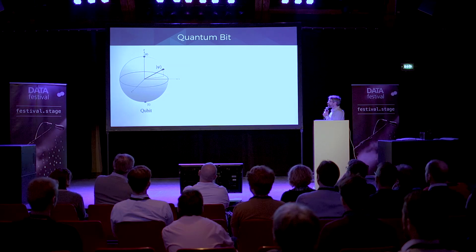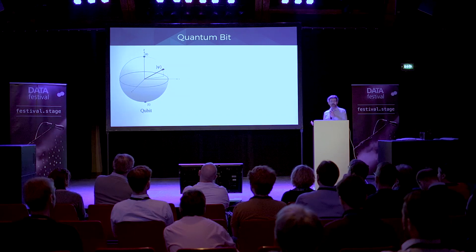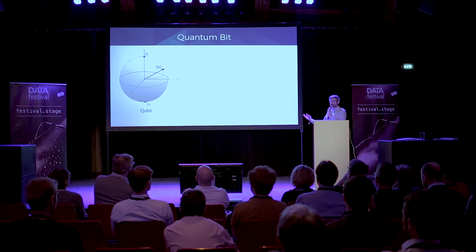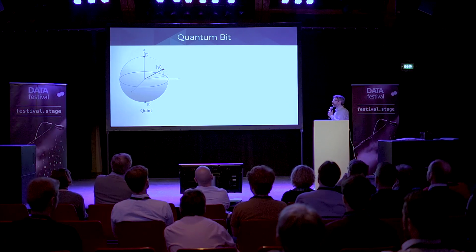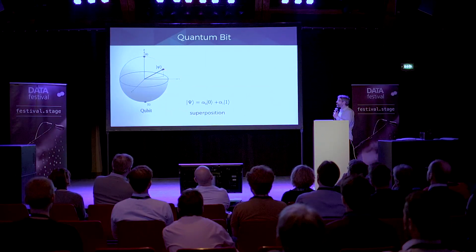But as you can see in this picture as well, the general state of such a qubit, of such a logic unit, denoted here by this vector psi, can be somewhere between 0 and 1. In fact, it can be infinitely many possible states between 0 and 1. And that's due to a quantum mechanical effect that we call superposition.